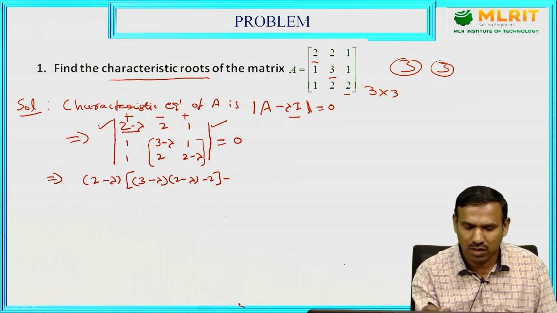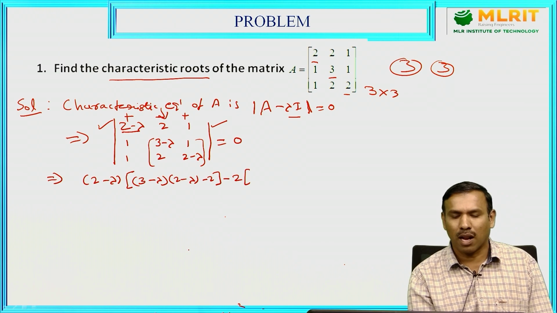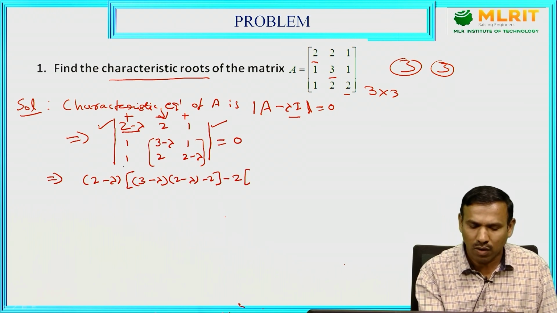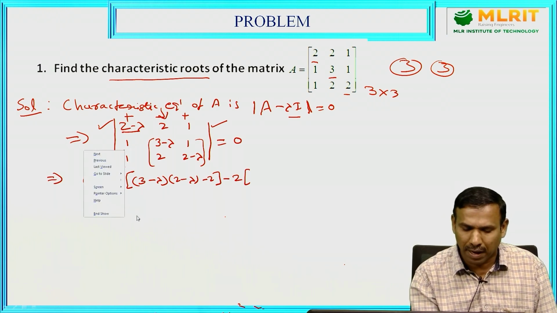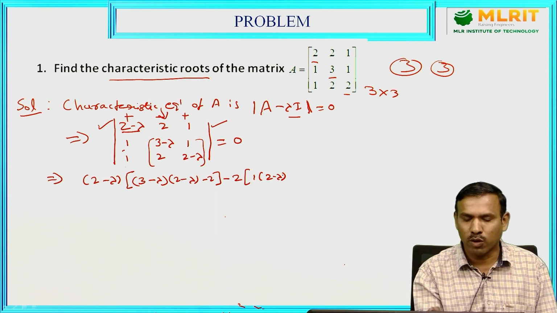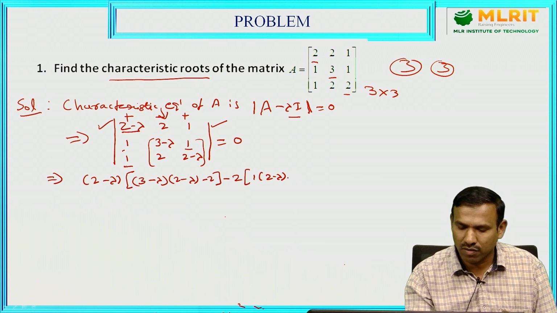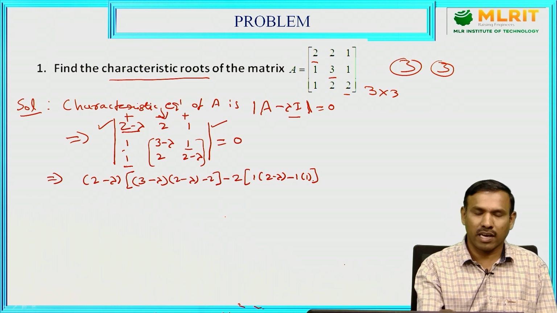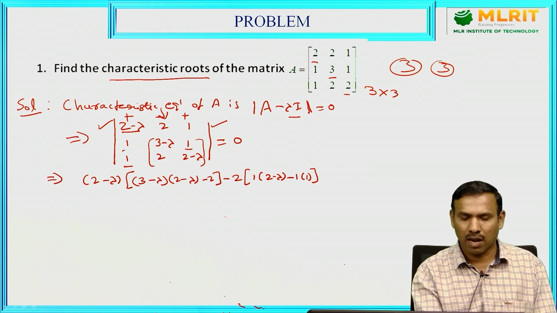Next, the second element of the first row, minus 2. Leave this row and leave this column. The remaining 4 elements are 1, 1, 1, 2 minus lambda. The determinant we have to find is 1 into (2 minus lambda) minus 1 into 1.